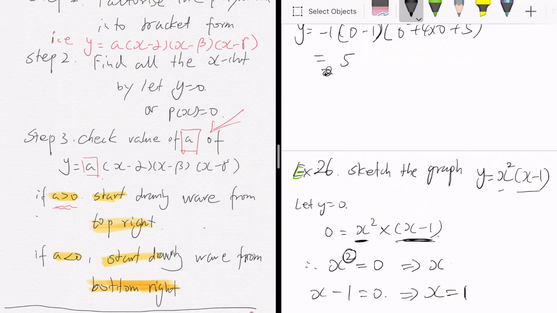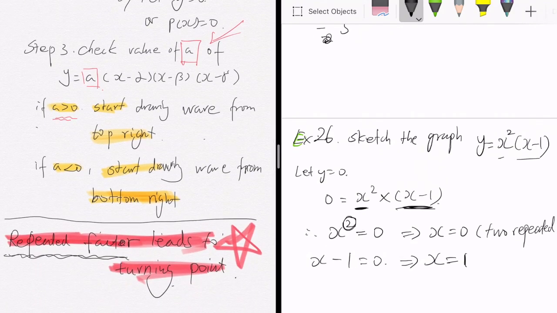So x is equal to 0, but I have two repeated factors, because it is squared. That's why when you solve your equation, you actually have two x equal to 0 that are overlapped.